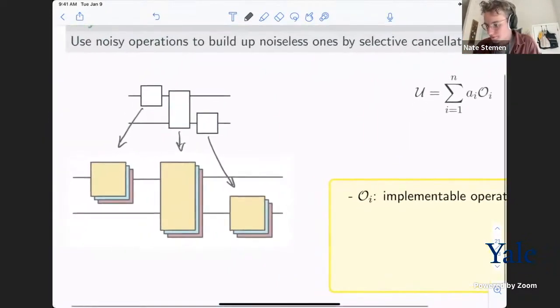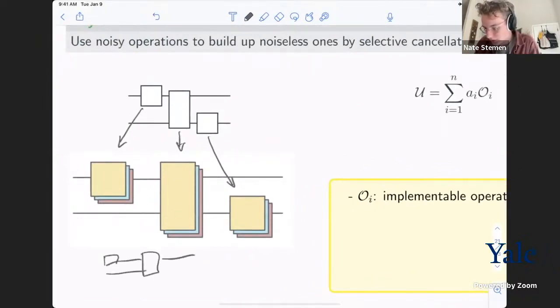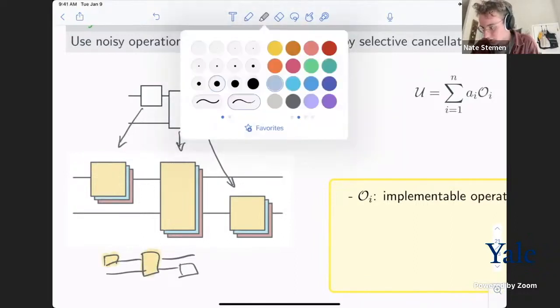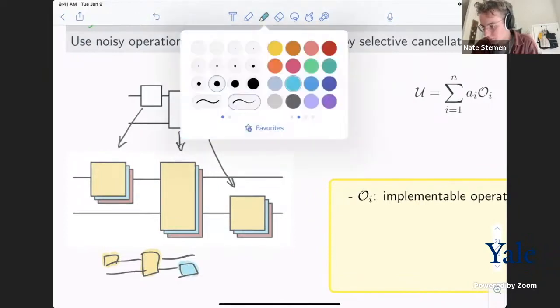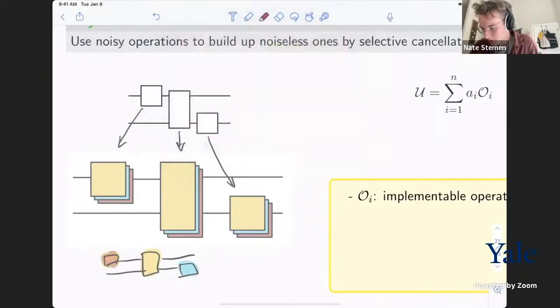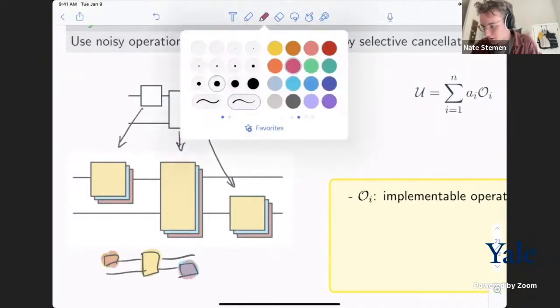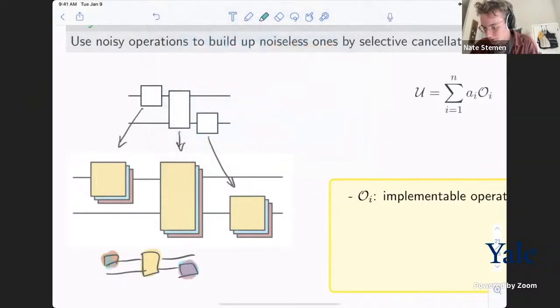So maybe on the first circuit that you perform, let me just draw this out, you're going to do yellow, yellow, followed by a blue. And maybe you do 4 more, and then maybe the third one is red with the yellow one in the middle. And then maybe you do blue, blue, blue, whatever it may be.